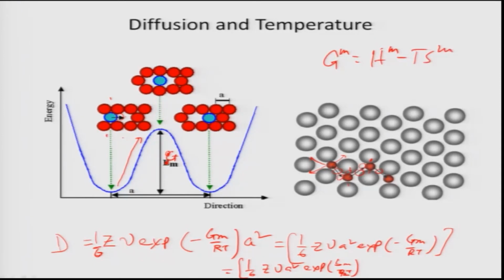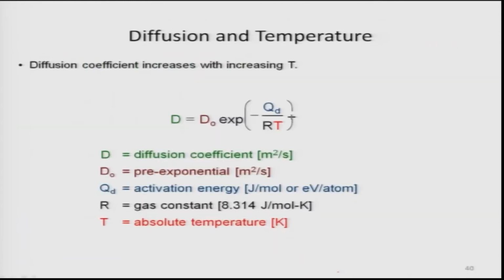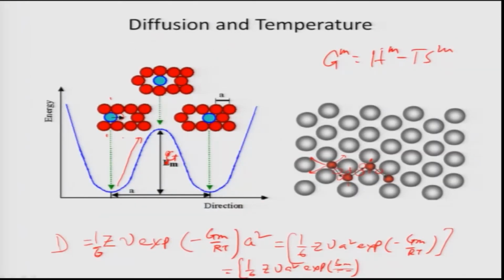This is true for any migration, it does not matter. Gm equals Hm minus T Sm. If I take out the Sm term, which is the entropy, the minus sign will become plus, and I can write this as exp(Sm by R) times exp(minus Hm by RT).